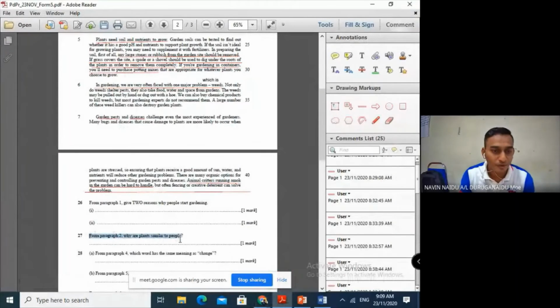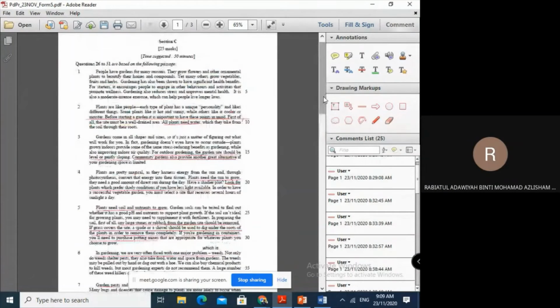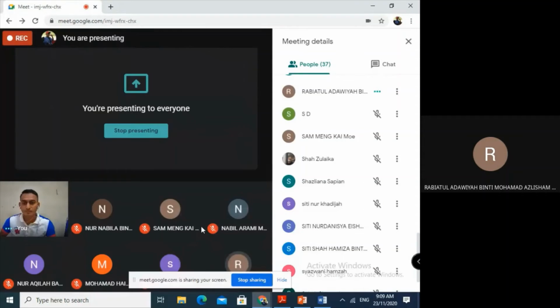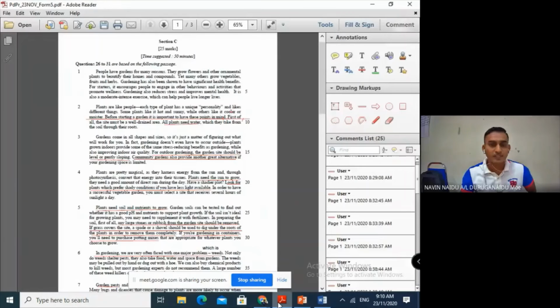Question 27 from paragraph 2. Why are plants similar to people? Because each type of plant has a unique personality.